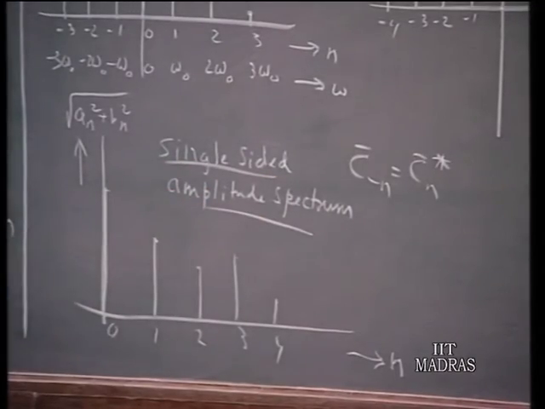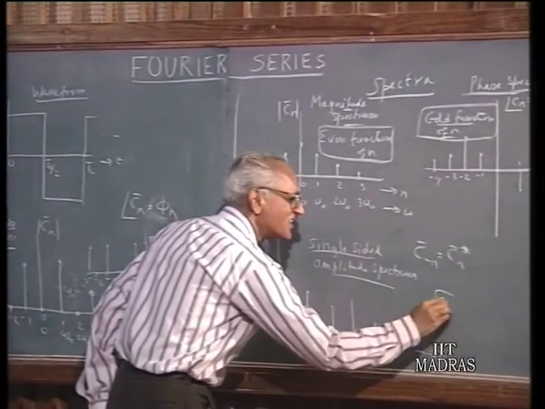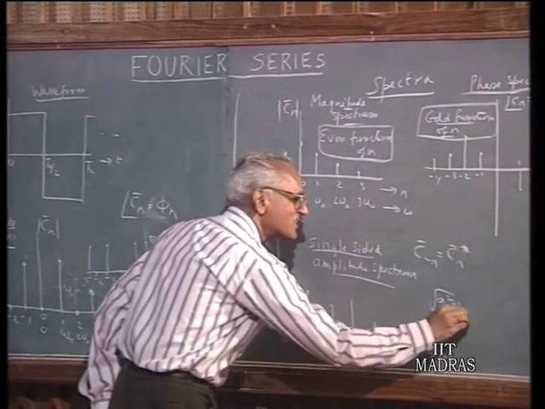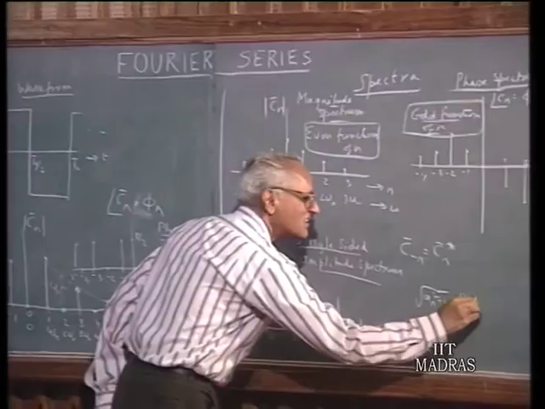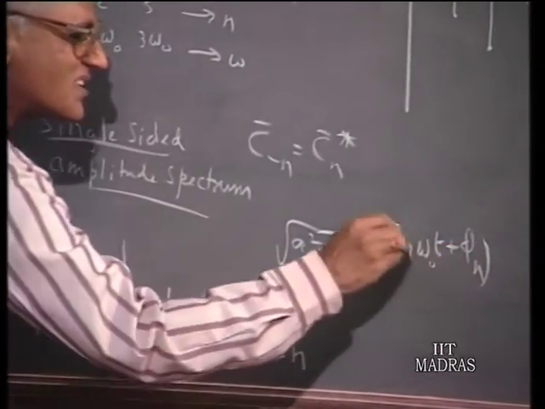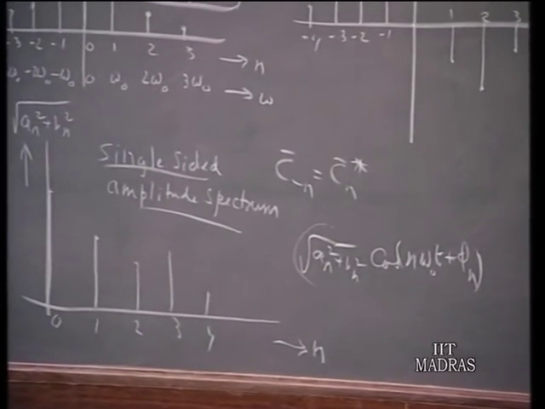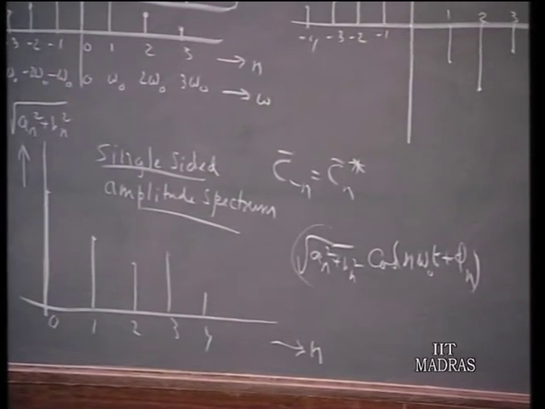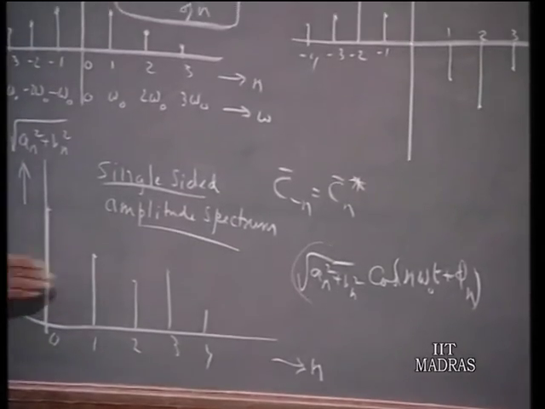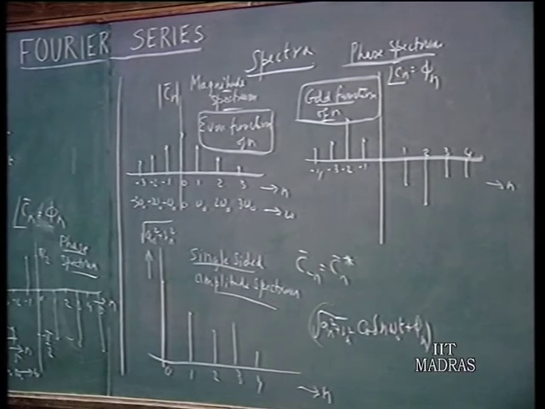Because what we are really plotting is the coefficient in the, you recall that the nth harmonic is represented by cos n omega naught t. So we are plotting this as an alternative. So instead of this magnitude spectrum, one can plot this, but in this case we only have non-negative values of n to deal with.